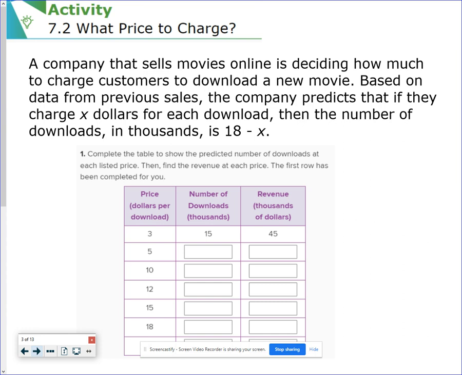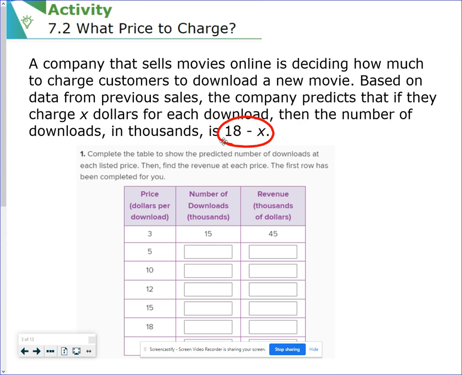So we've got this company that sells movies online, and it's deciding how much they should charge to download a new movie. And they know that based on previous sales, they've got this prediction right here. And this is kind of a balancing act for a company. The way to make the most money is when you can get a decent amount of money, but also a decent amount of sales.